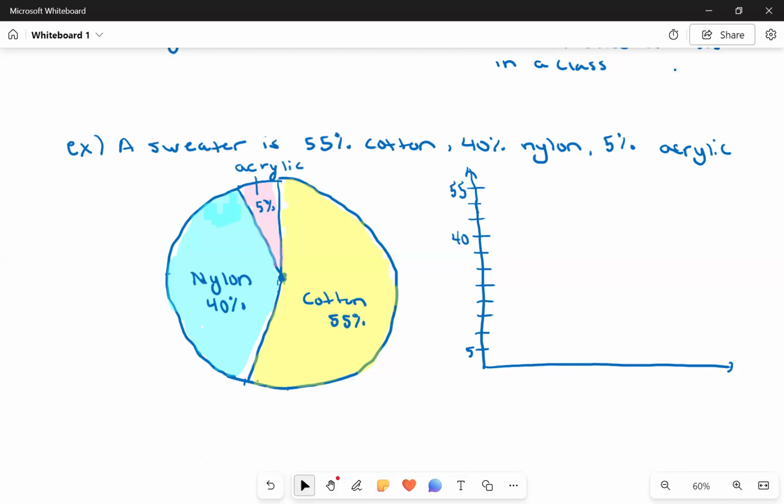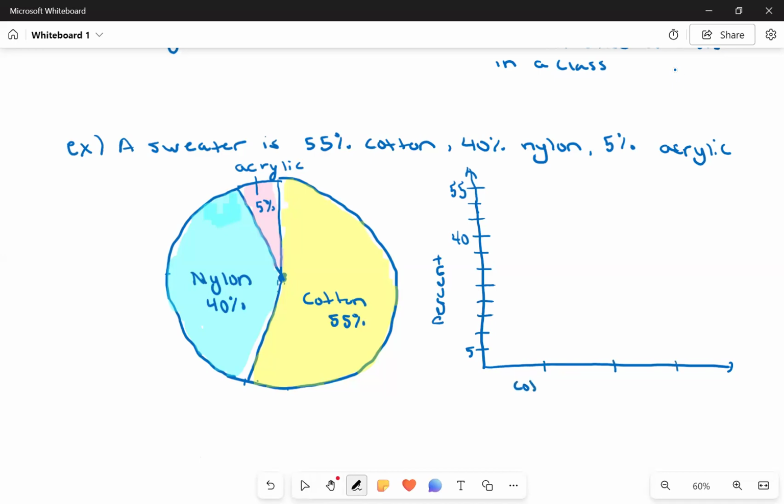And I want to mention this. Whenever we draw bar graphs, we need to label each category. So I'm going to label the vertical axis as a percent. So we're talking about 55%, 40%, 5%. Now the x-axis, we are going to label the 3 actual material categories.